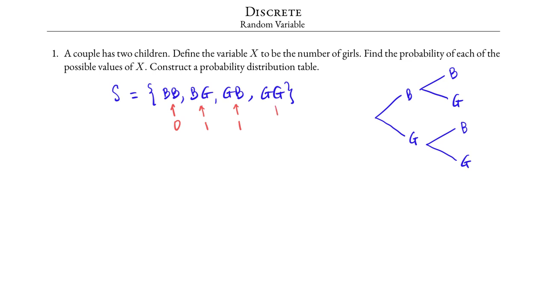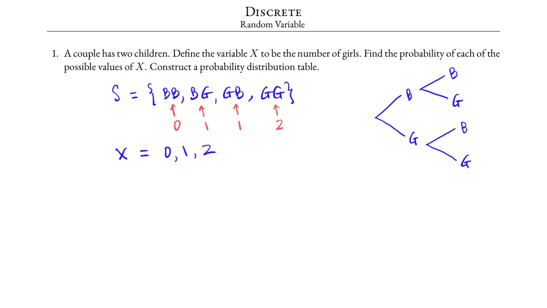And the last outcome? 2. And so we say that the possible values for x, where x is the number of girls, can only be 0, 1, or 2. 0 girls, 1 girl, or 2 girls.